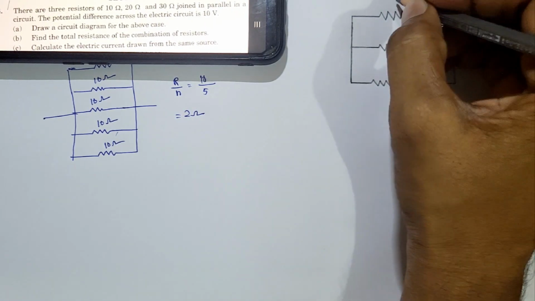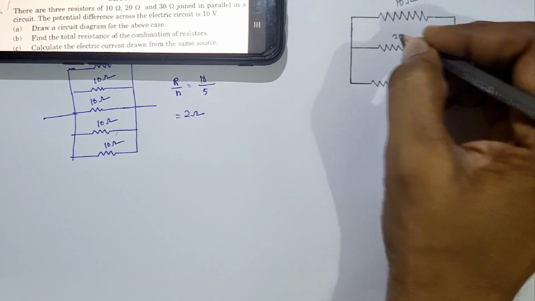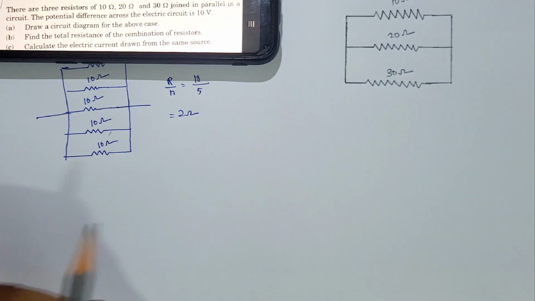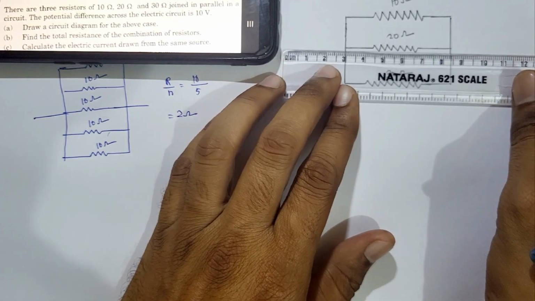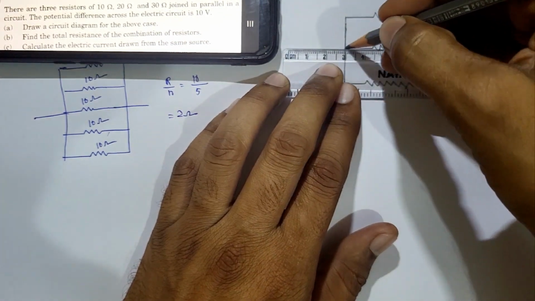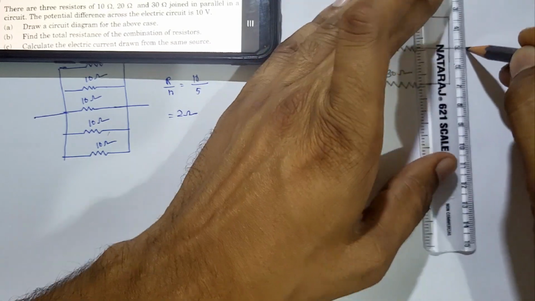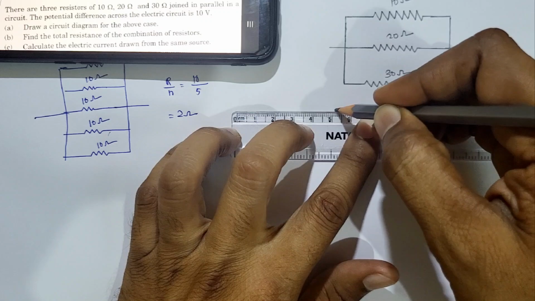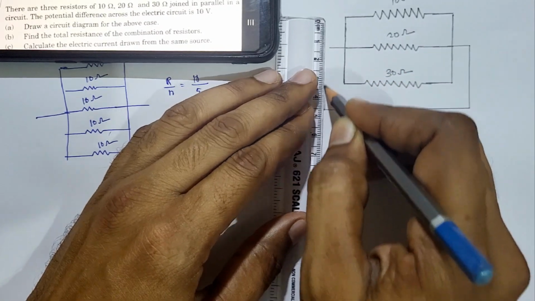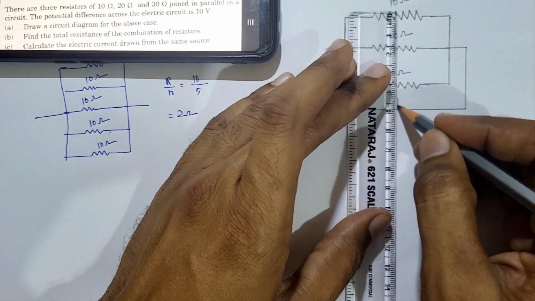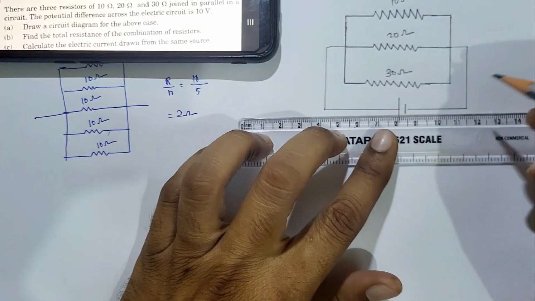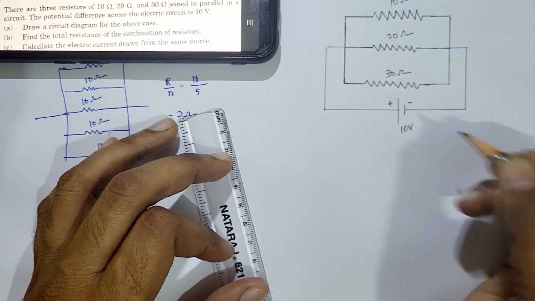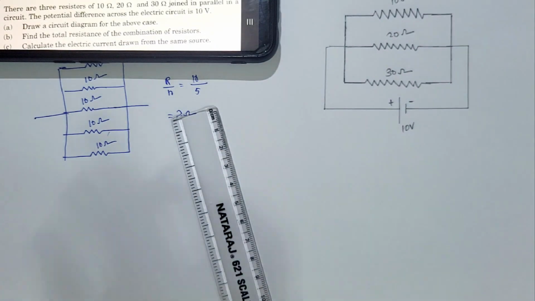Resistance values are 10 ohm, 20 ohm, and 30 ohm. All are connected in parallel in a circuit. Now the potential difference across them is 10 volts. So now connect from here to here. Potential difference is 10 volts, we were told. This will be plus and this will be minus, 10 volts. Okay, draw the circuit diagram over.